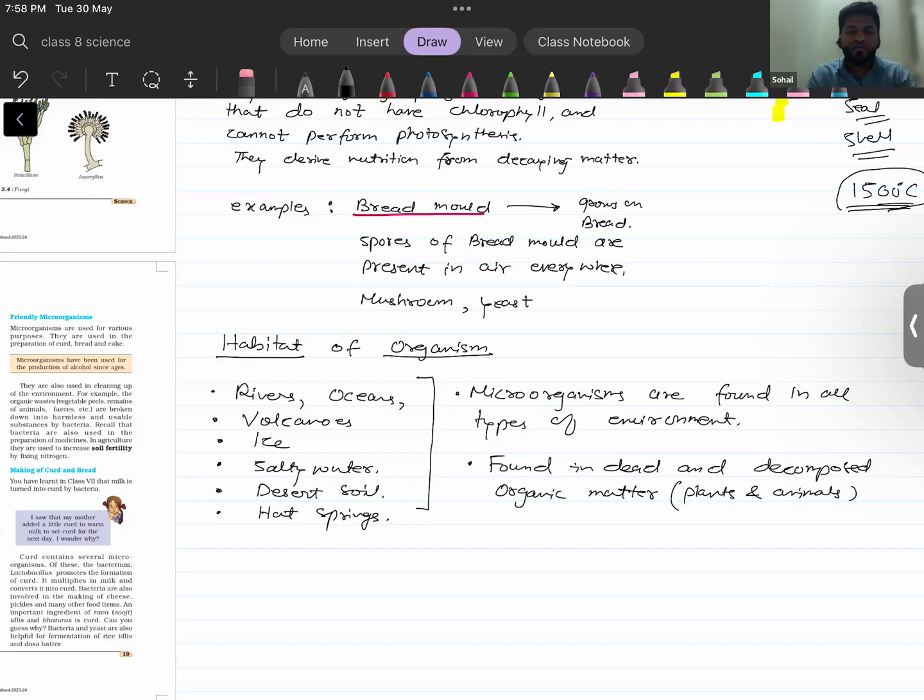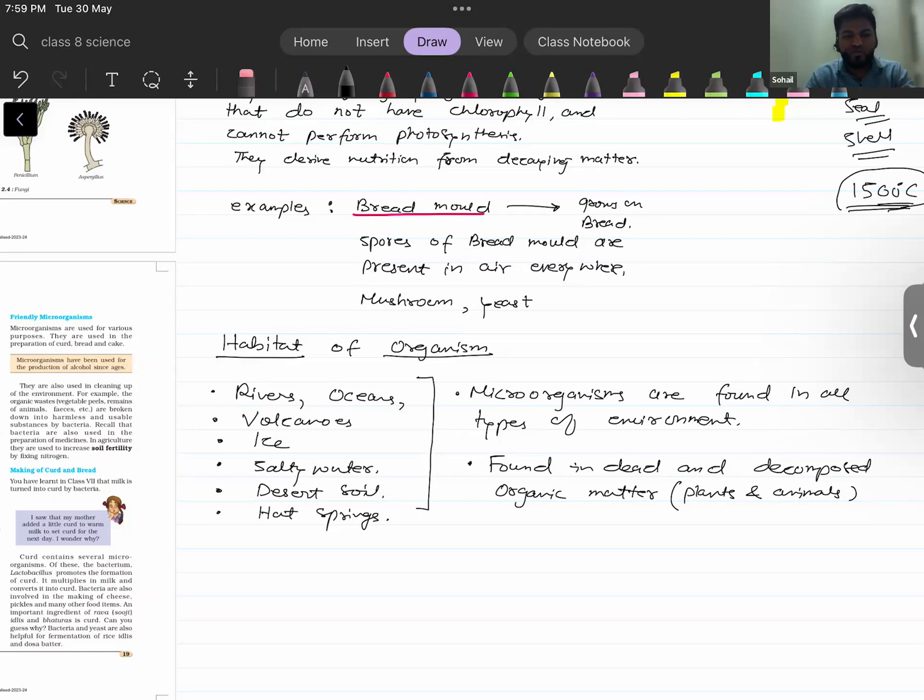And what about human bodies? Are microorganisms found inside the human body also? Yes. Can you name some examples of microorganisms that live inside the human body? There are so many. It could be bacteria, it could be anything. When the human body gets infected by any bacteria or virus, they are living inside our body as parasites.